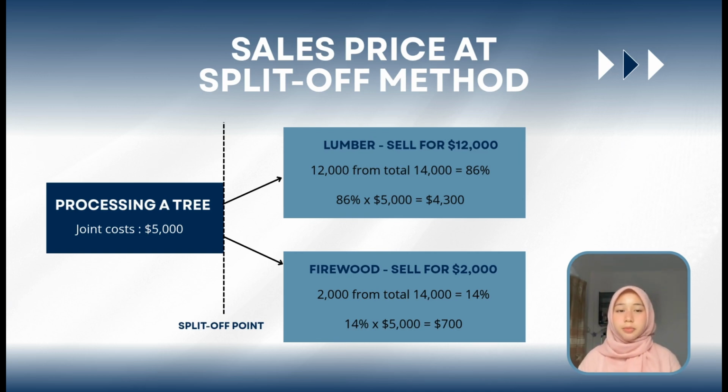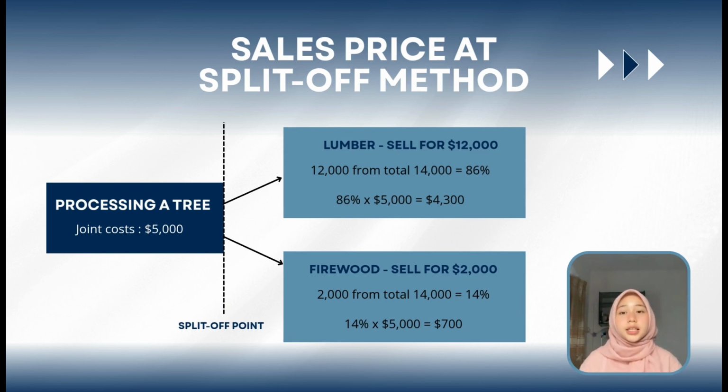Using the same example with a $5,000 joint cost, we can see that at the split-off point, lumber can be sold immediately for a market value of $12,000, while firewood can be sold for $2,000. This brings the total sales value at split-off to $14,000.